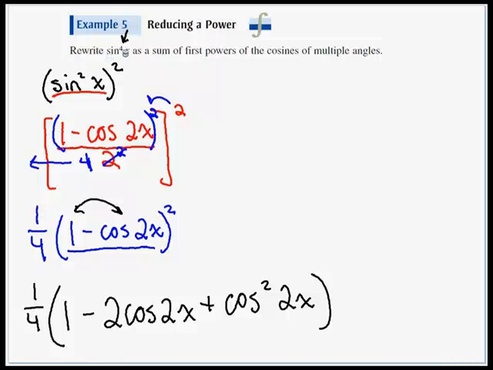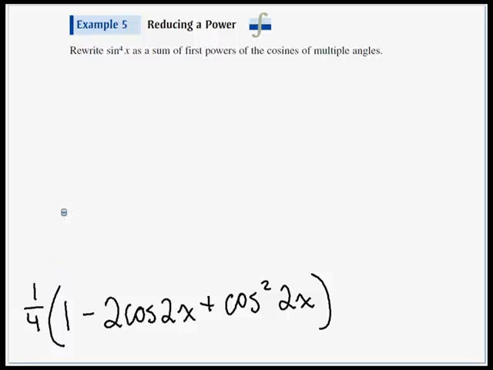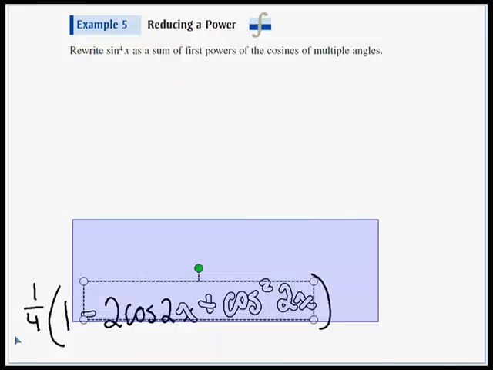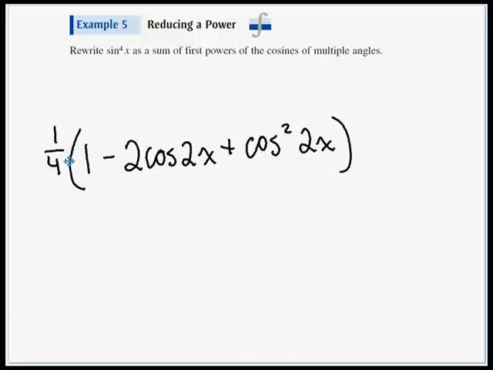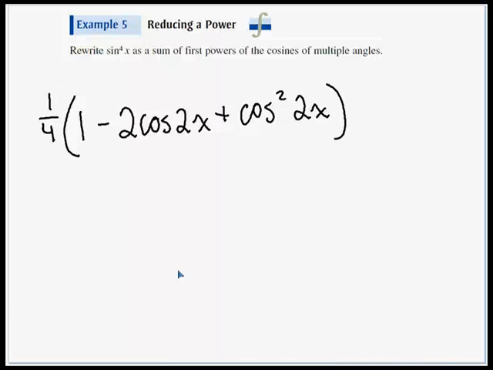Okay, we applied a power reduction formula one time. We went from a sine to the 4th down. Now our highest powered term is a cos squared of 2x. So we're going to apply another power reduction formula to that term. I'm just going to start rewriting this.